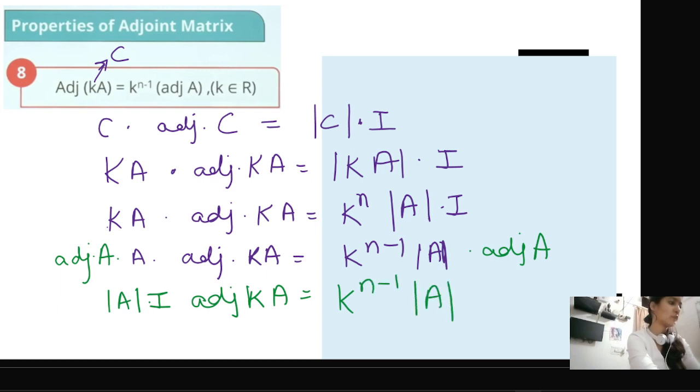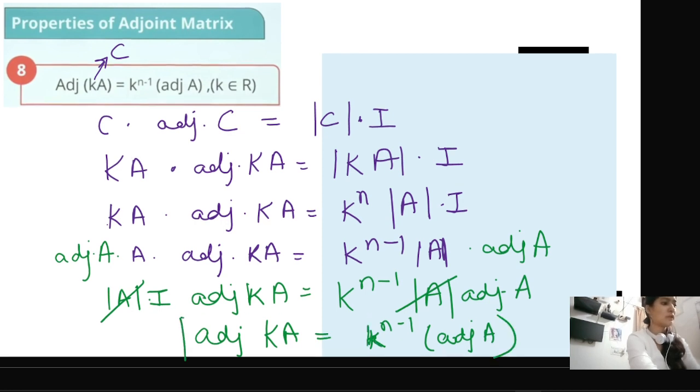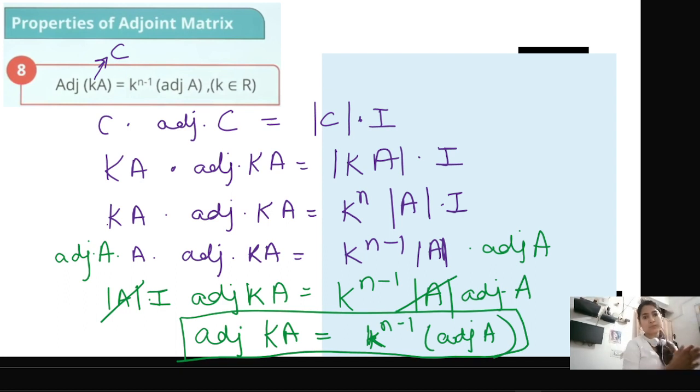So from here we are getting adjoint of A; this will cancel out, and I goes with the adjoint of kA. So from here we are getting the final proof: adjoint of kA is equal to k^(n-1) adjoint of A. Okay, this is the proof of this property. It is also easy. We are using simply the first property to prove this one.